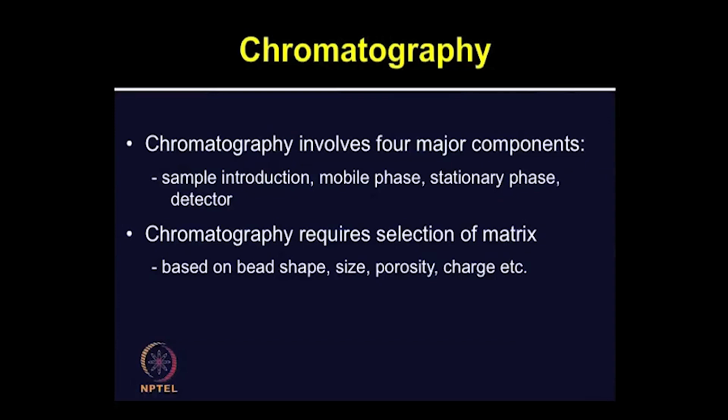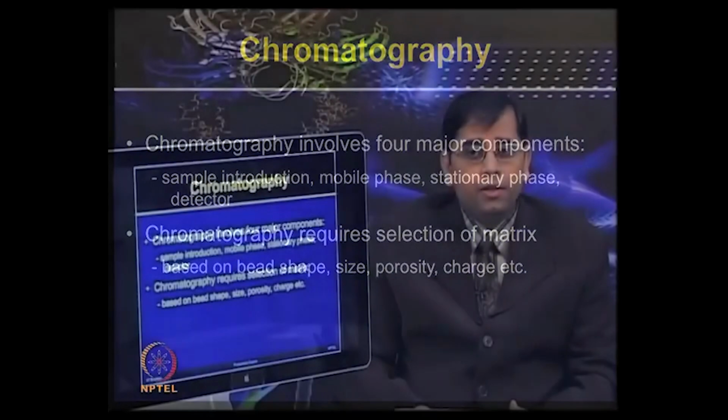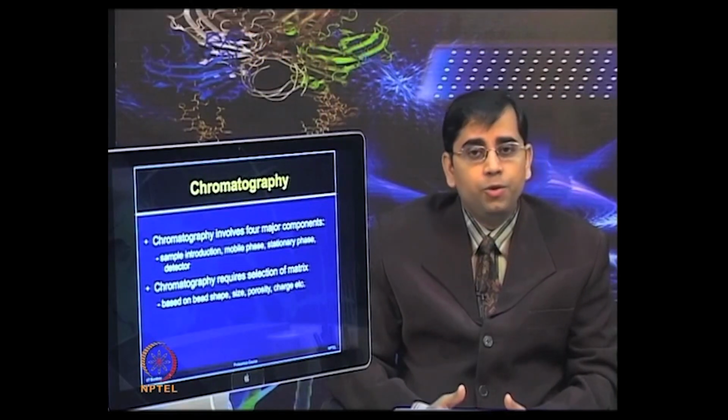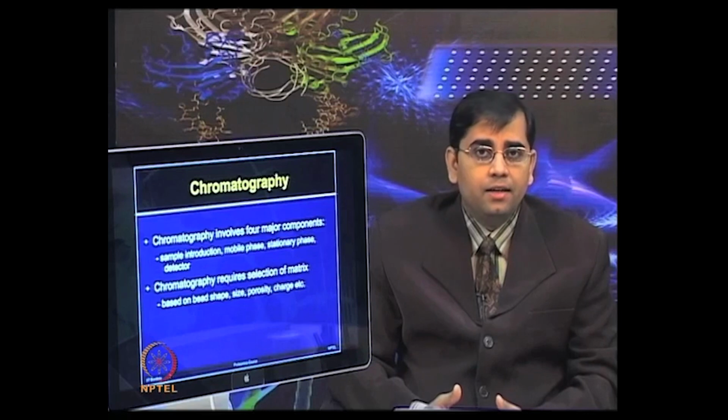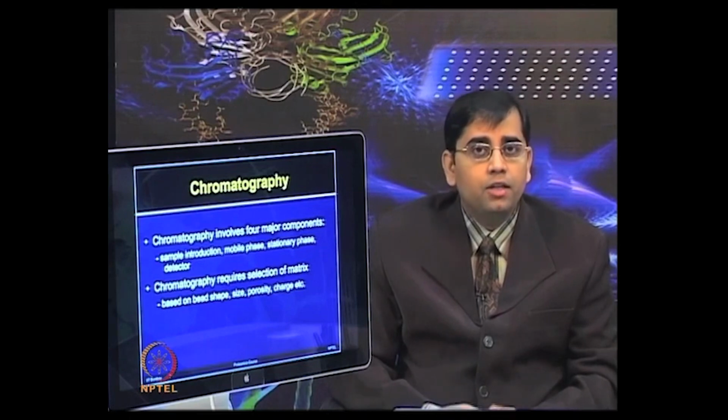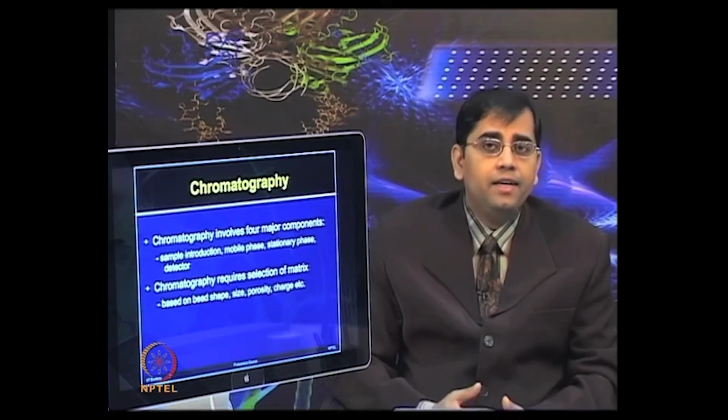Each type of chromatography requires a very educated and informed choice of matrix, considering the bead shape, size and porosity, in addition to the functional group type, the charge, distribution and density, as well as elution conditions such as the pH, the ionic strength and gradient shape.